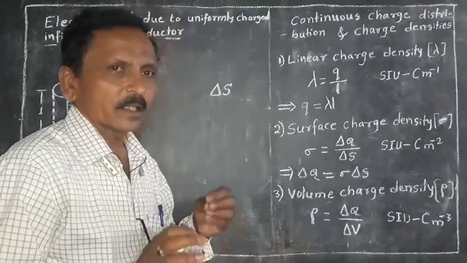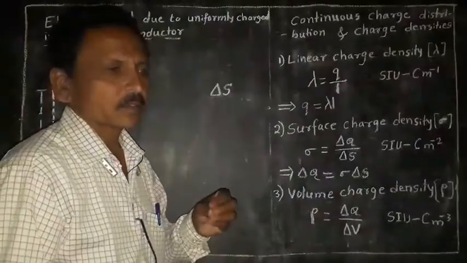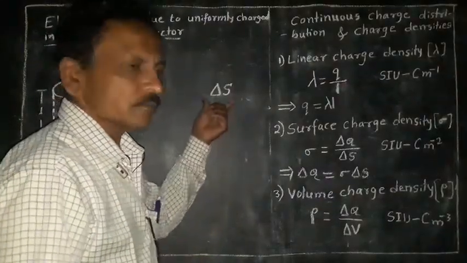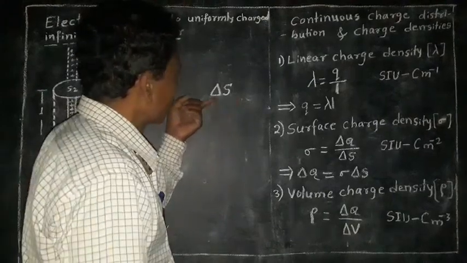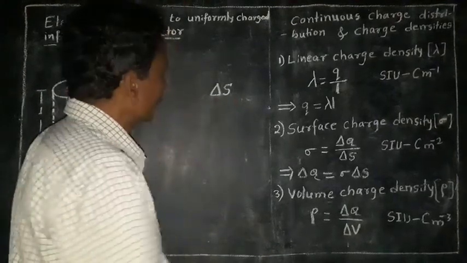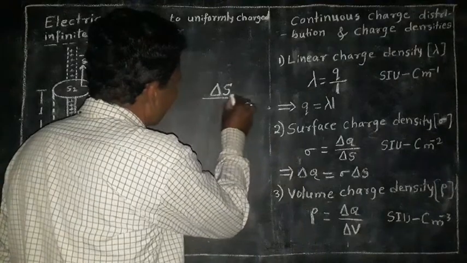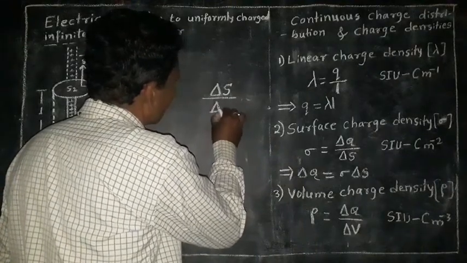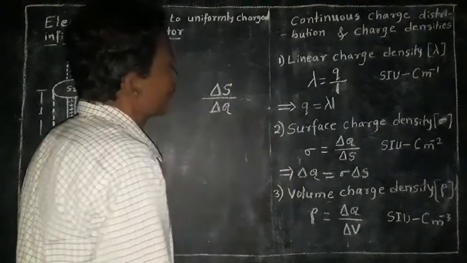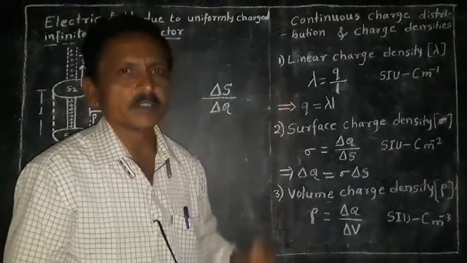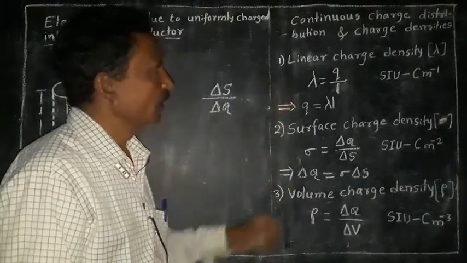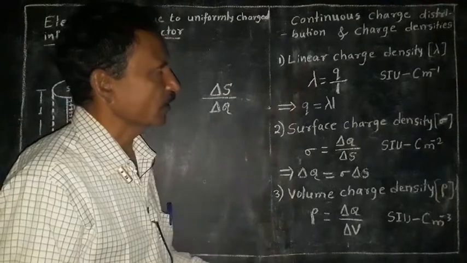And if delta Q is the charge on the surface delta S, then the quantity delta Q upon delta S represents charge density. And there are three types of charge densities.